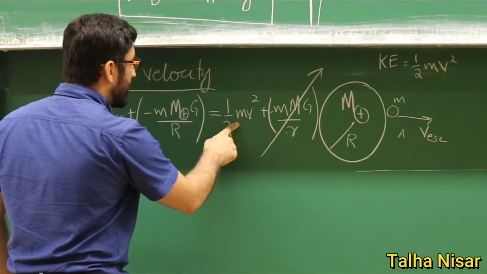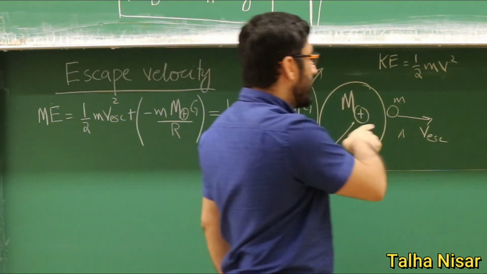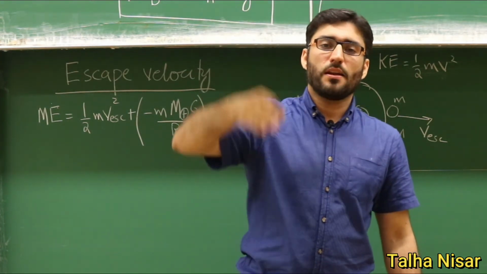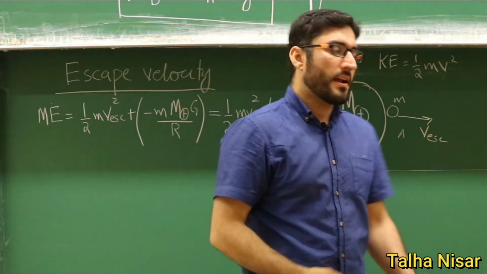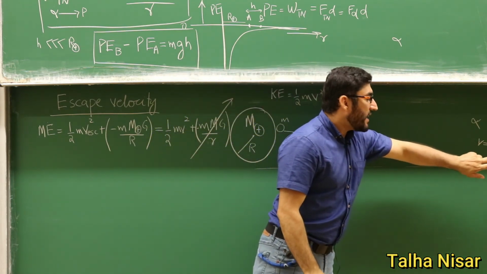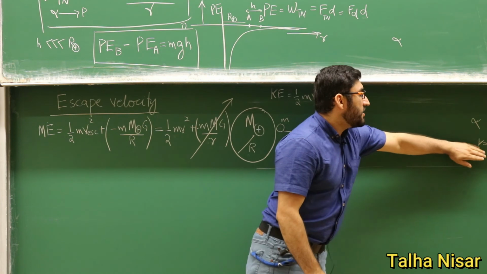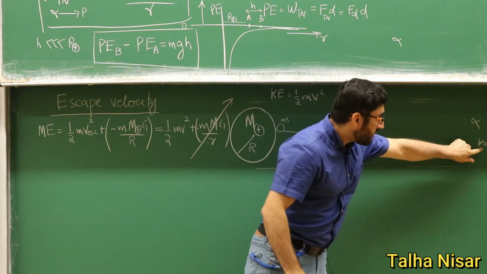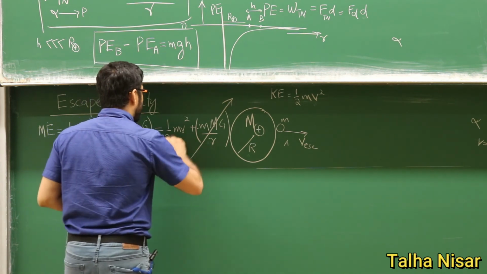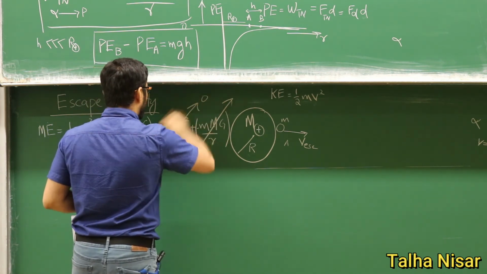And as we said, whenever we throw something up, the velocity will go down and at some point it will go back. But here the velocity is decreasing and it reaches infinity. At infinity, since there is no potential energy, it will never come back, but the velocity is 0 here. Since the velocity is 0 at infinity, this term is also 0.